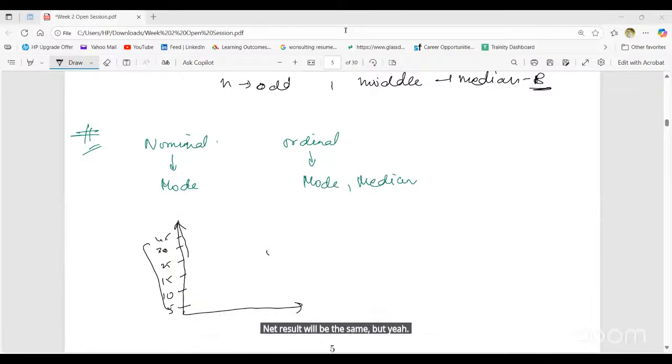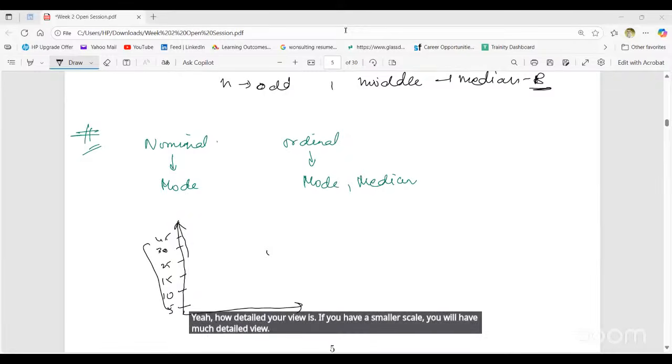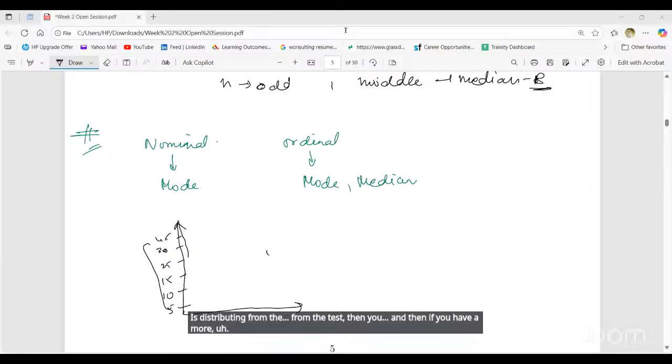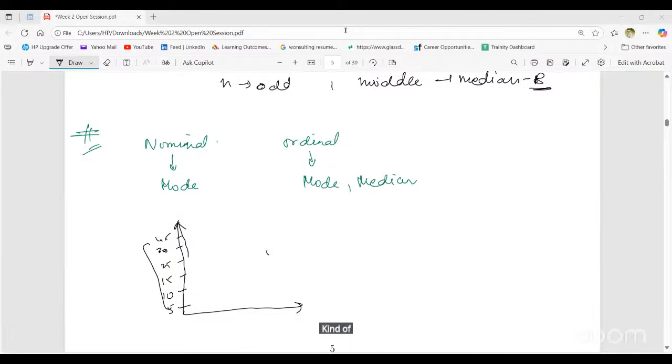If you have a smaller scale, you will have a much more detailed view, but the result interpretation will be different. Your interpretation should be proportionate to your scale, and if you have more spread in the scale, then it will be more acceptable.